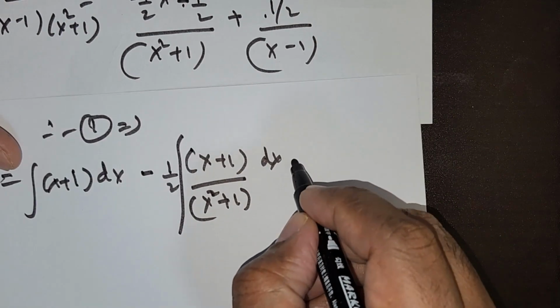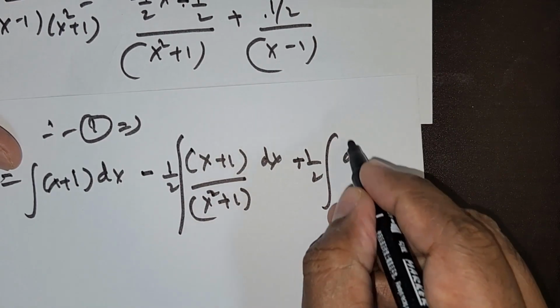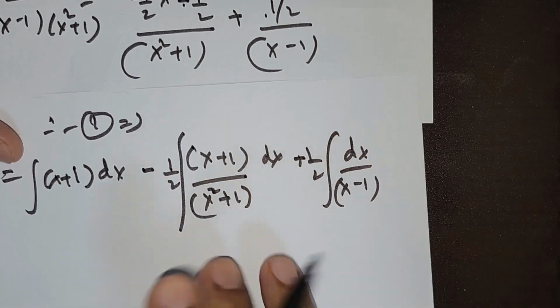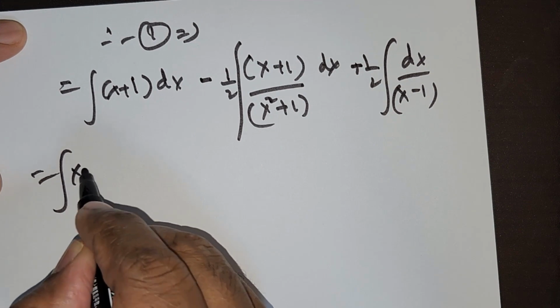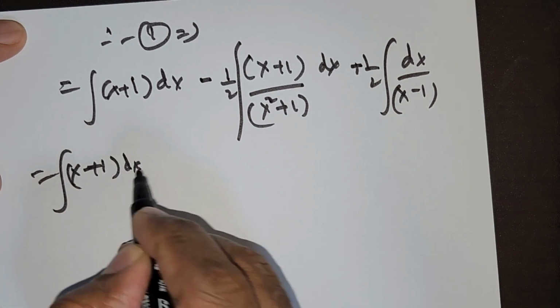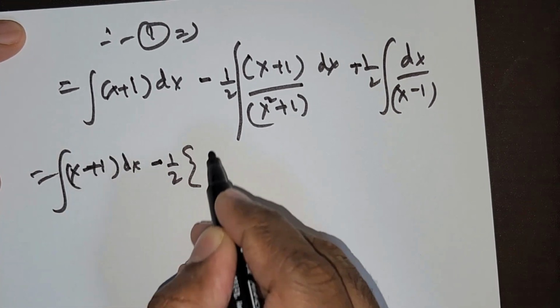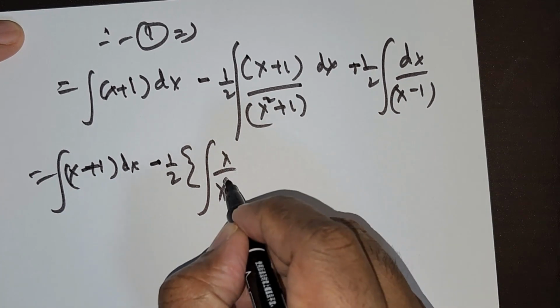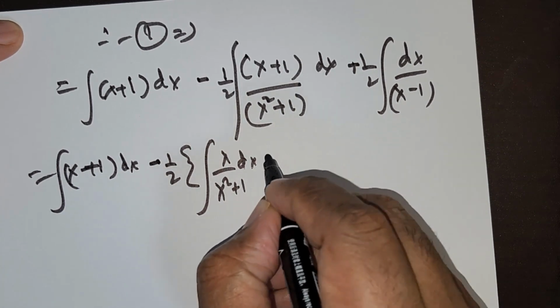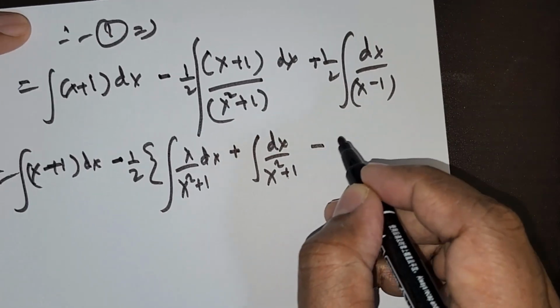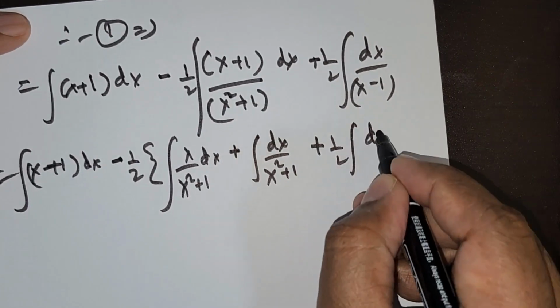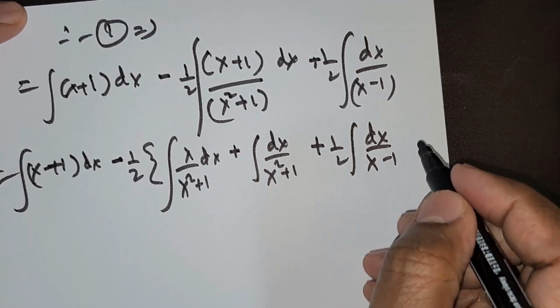You have integration, and then positive 1 over 2 integral dx divided by x minus 1. Okay, so this can be split again. So if I were to split this, (x plus 1) dx, this is negative 1 over 2 integral of x over x squared plus 1 dx plus integral dx over x squared plus 1. This is positive 1 over 2 integral dx over x minus 1.